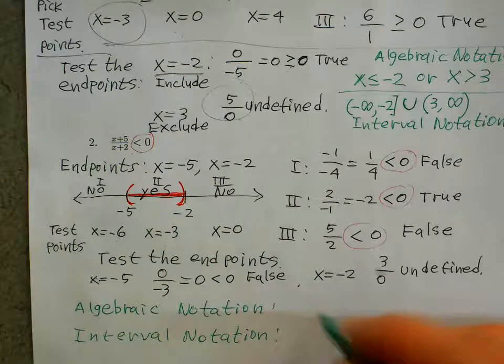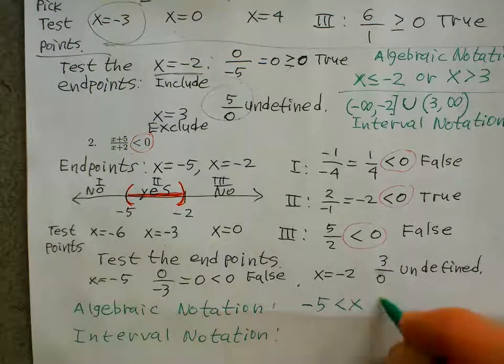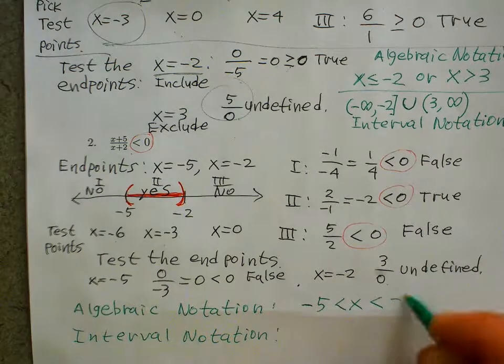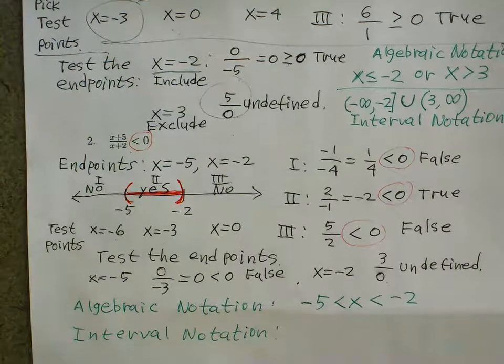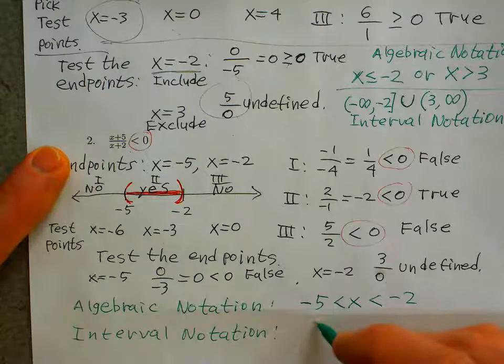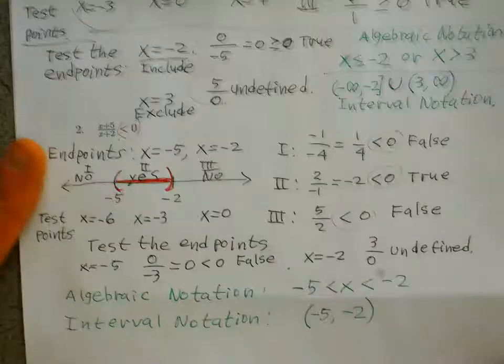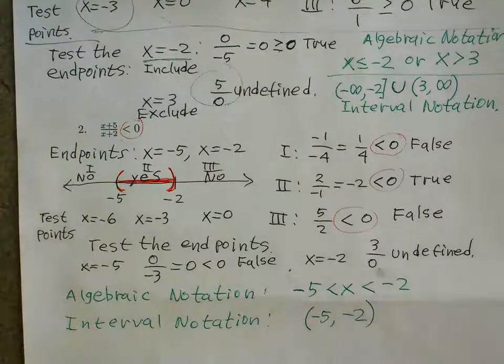So the algebraic notation is negative 5 is less than x, which is less than negative 2. The interval notation: parenthesis, negative 5, comma, negative 2, parenthesis. Okay, now we're ready to go on to the next level.